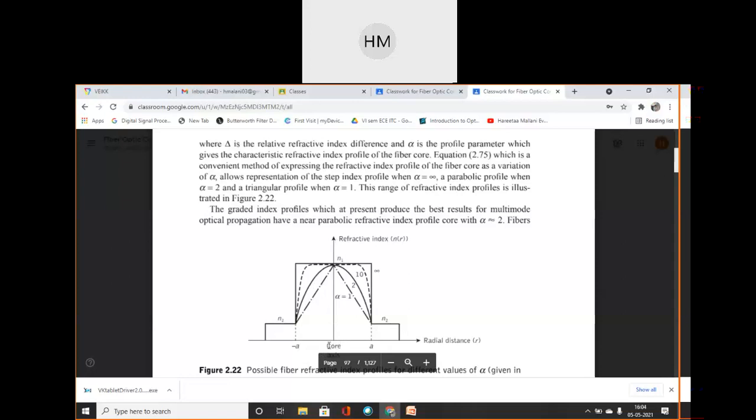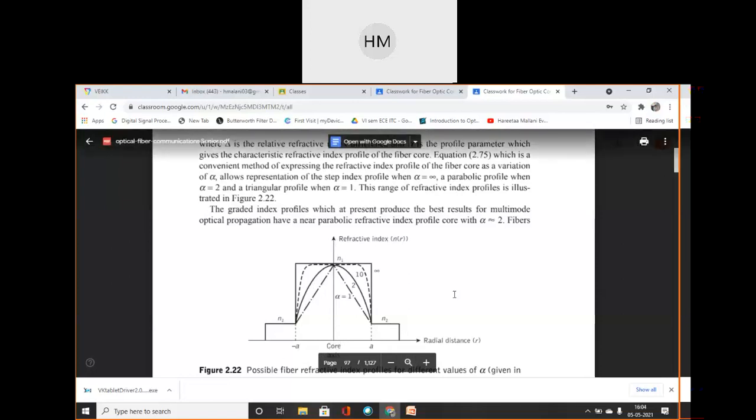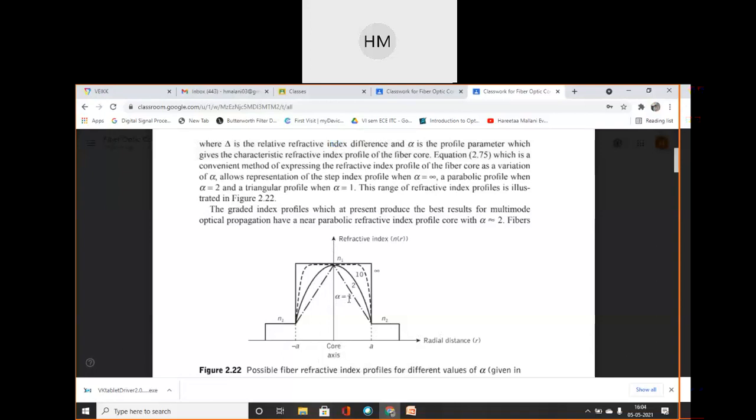Okay, this is refractive index n of r and the x-axis is radial distance. So you can see alpha equals 1. Alpha value varies till alpha equals infinity. As soon as alpha becomes infinity, the graded index profile will shift towards the step index profile. Variation of alpha allows representation of the step index profile when alpha is equal to infinity. Before that, it is a graded index fiber.